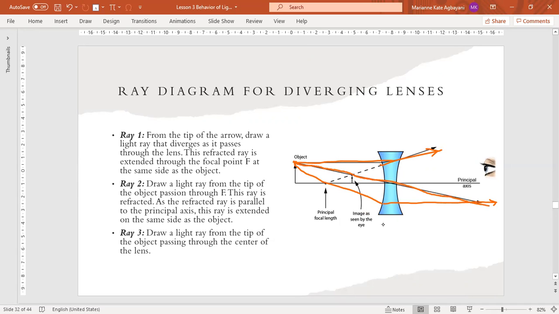Then, same with ray 1, assume that from the tip of the arrow we draw our light ray, then this refracted ray comes from the focal point. So this is where the image is formed.